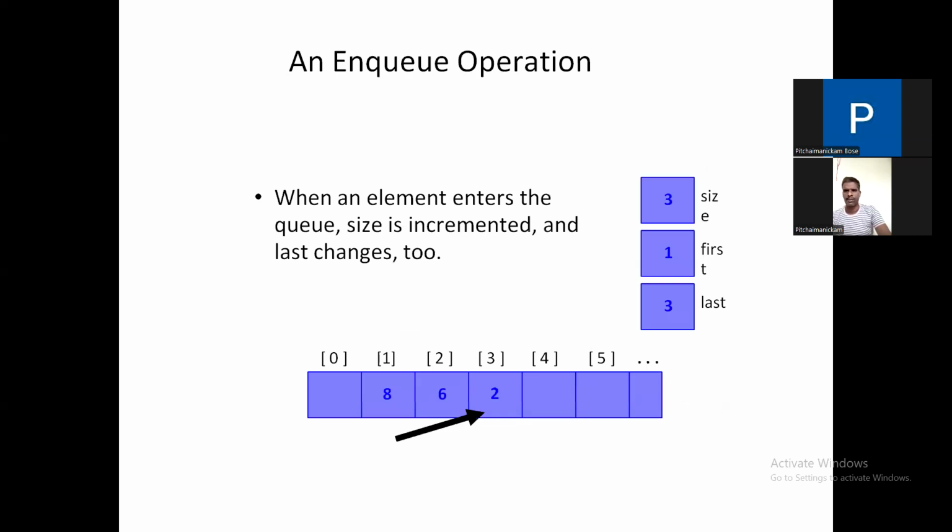So how are we going to insert an element? In the initial step, we need to check whether the queue is full or empty. If it is not full, we are able to easily insert an element.